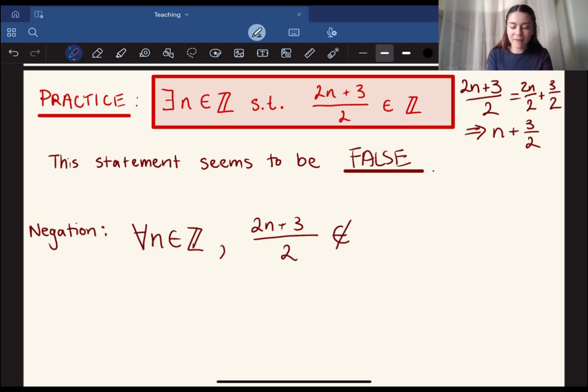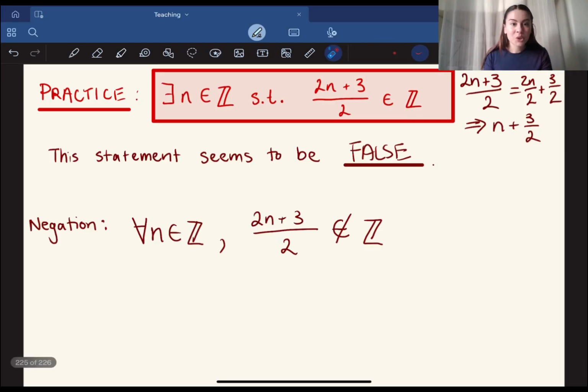So here we would have is not part of the integers. Okay, so now how could we prove this? Well, we just talked about it a little while ago with our scratch work. We said that this in fact is true. And why is this true?